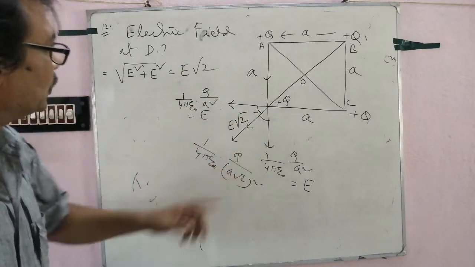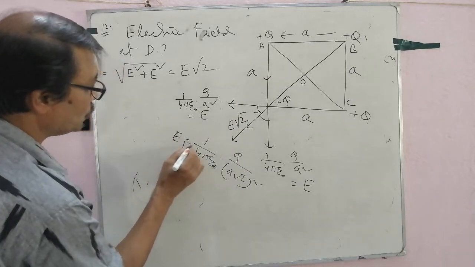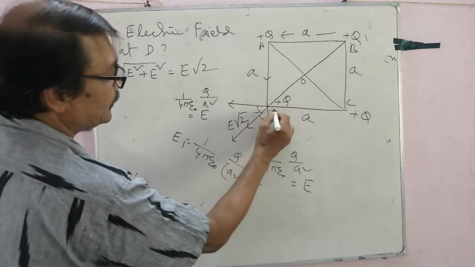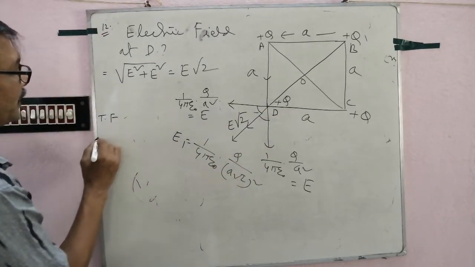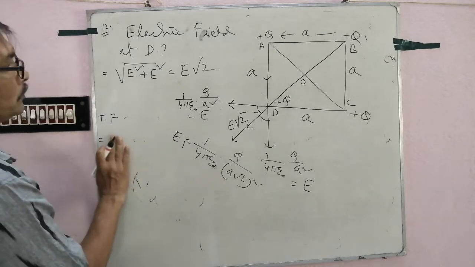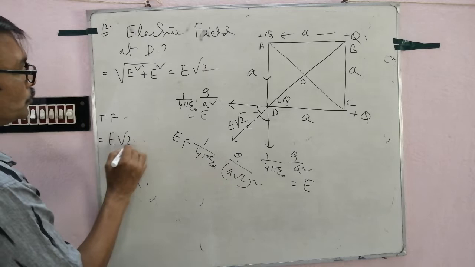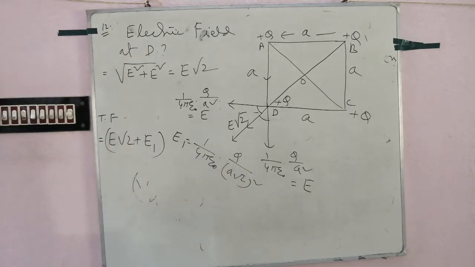Here is 90 degrees. So the total result, suppose this field is E1. So the total field at the point D, the total electric field, equals E root 2 plus E1. You put the value and get the result.